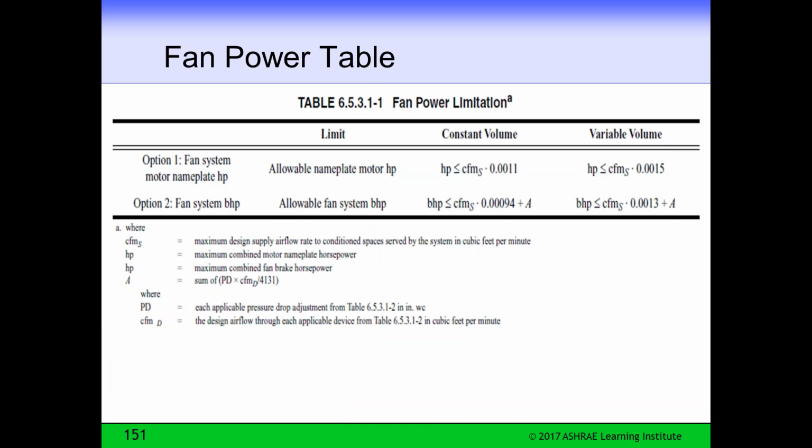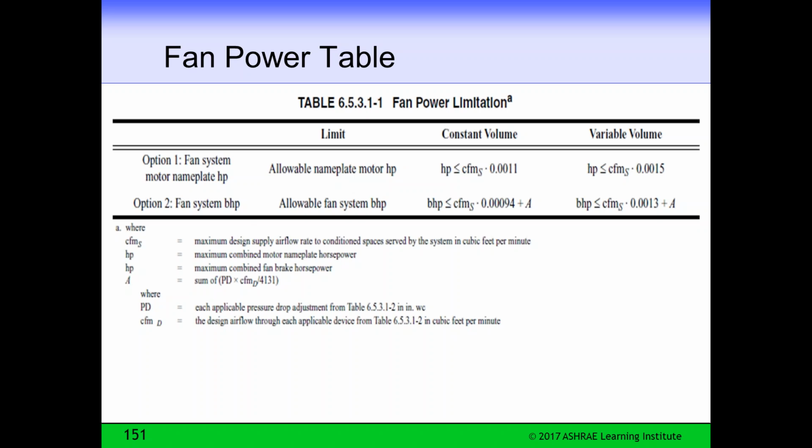Fan power table. This is one that's been in for a long time. This is actually an old table. It's been modified once, but this is one of the things that is more difficult to comply with, or we get a few complaints about, or it sometimes gets ignored a little bit.